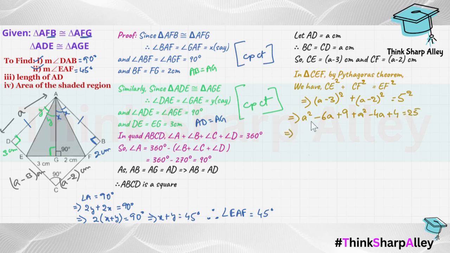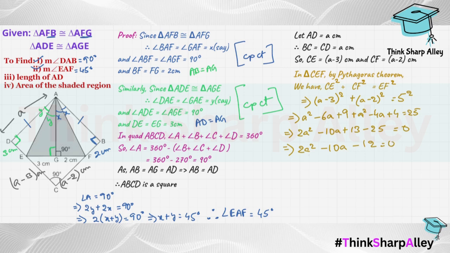So we have a square plus a square, 2a square minus 10a plus 9 plus 4 is plus 13 minus 25 equal to 0. After simplifying a bit, you will see we have got this, and taking 2 common throughout, I'm left with this.